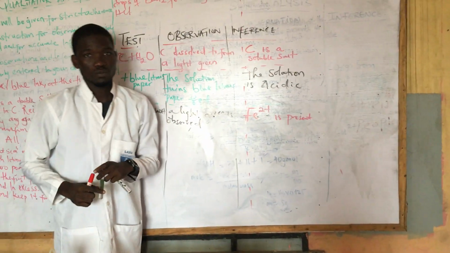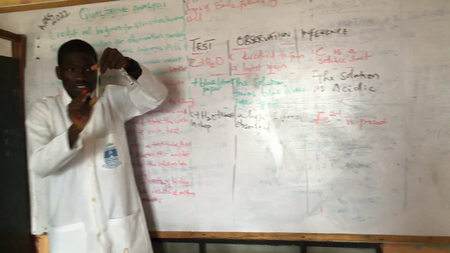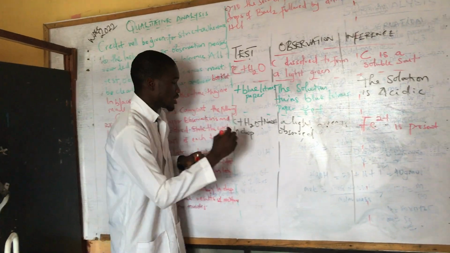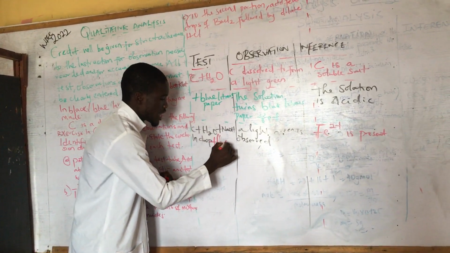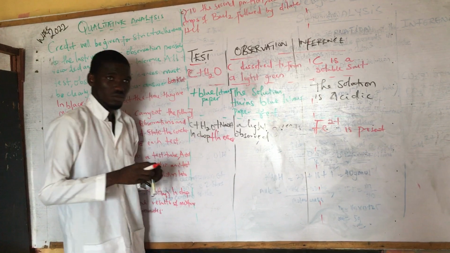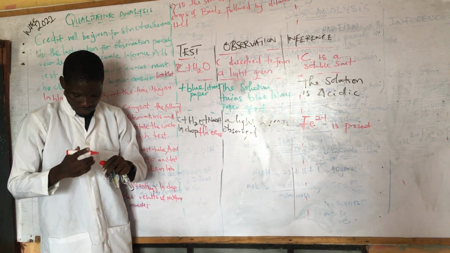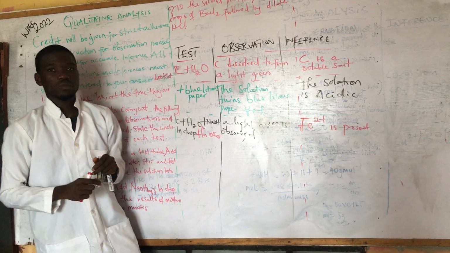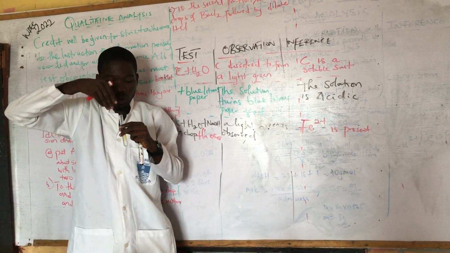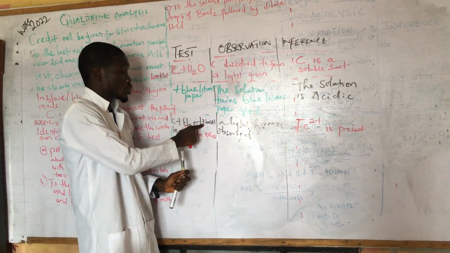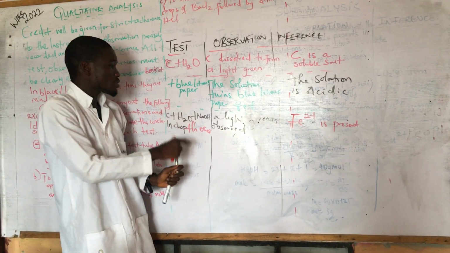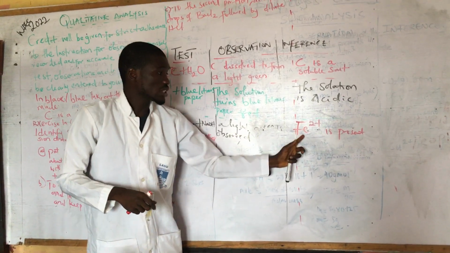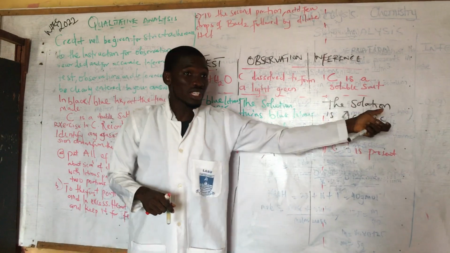Now you can see it now. We have a dirty green now. So you can say plus in excess. What I can feel from this place is, we added sodium hydroxide here. So in drops, a light green is observed, which tells us that Fe2+ is present.